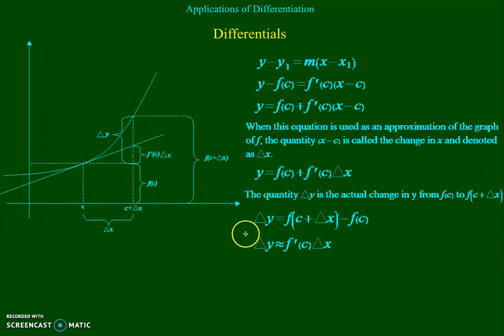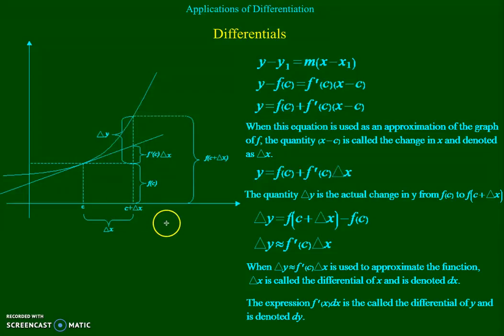So we can say that this actual change in y, this delta y value, is approximately equal to f prime of c delta x, this approximated change in y, when the delta x value is small.